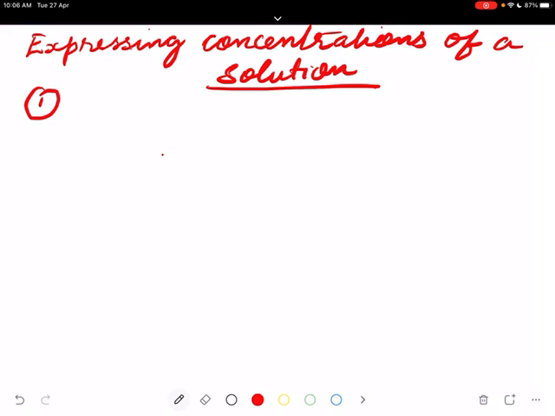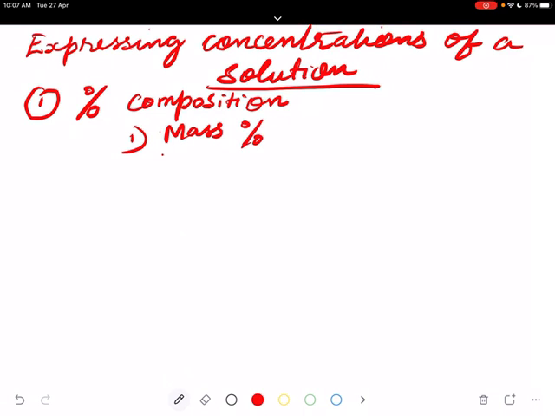First one, percentage composition. Mass percent. Mass percent, that is W by W. You can show it as W slash W. That is mass of the solute upon total mass of the solution into 100.